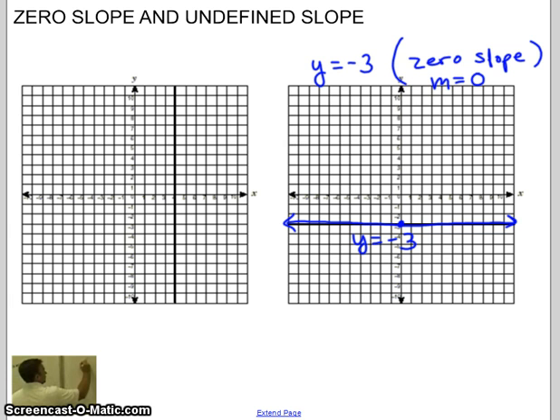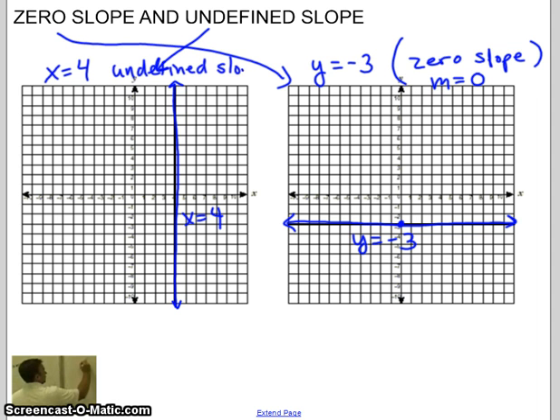That's part of the reason why we don't have an x value in this equation. Undefined slope is when we have a vertical line. This graph is x equals 4. x equals 4 is undefined slope, or m is undefined.